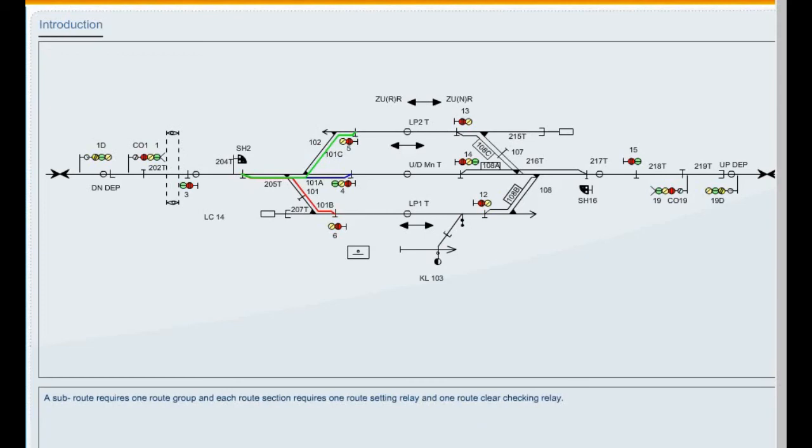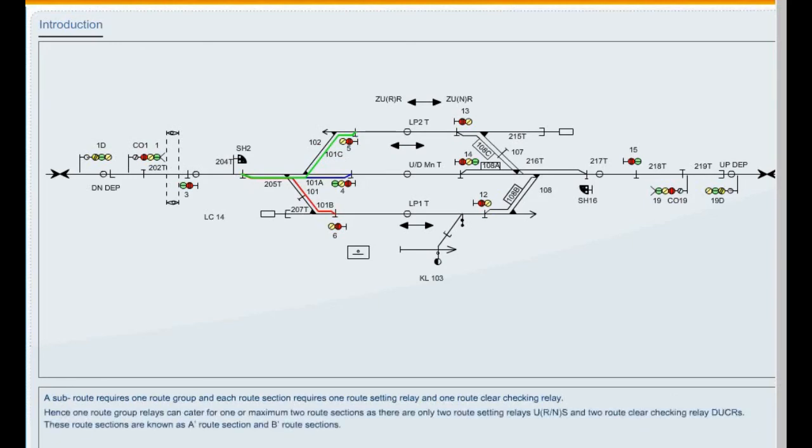A subroute requires one route group, and each route section requires one route setting relay and one route clear checking relay. Hence, one route group can cater for one or a maximum of two route sections, as there are only two route setting relays, UNS and URS, and two route clear checking relays, DUCRS.